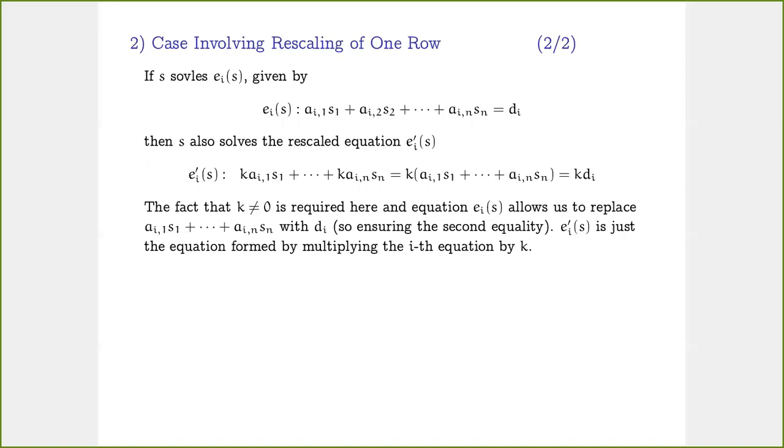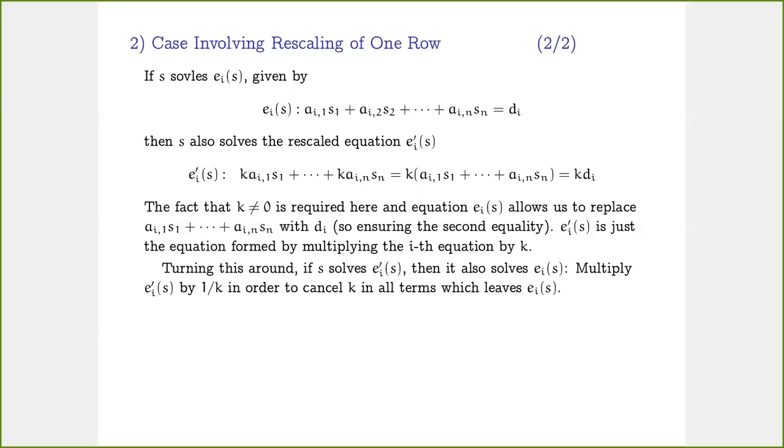So I can replace the linear combination with d sub i to get that this rescaled linear combination equals k times d_i. Well, that is just the rescaled equation. So if S solves the original equation, it solves the rescaled one.